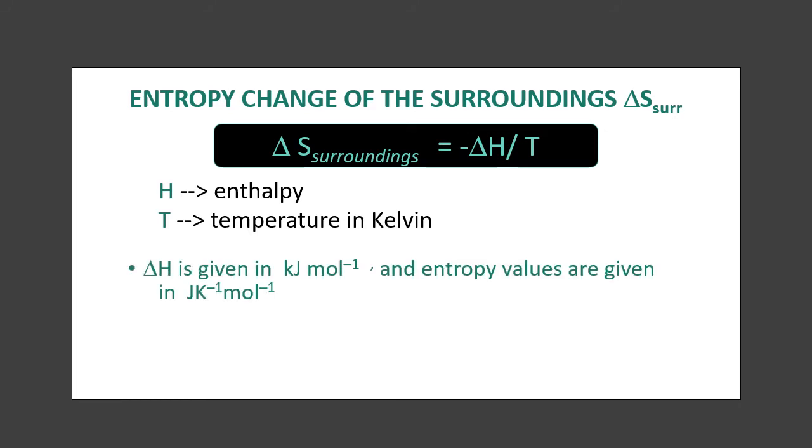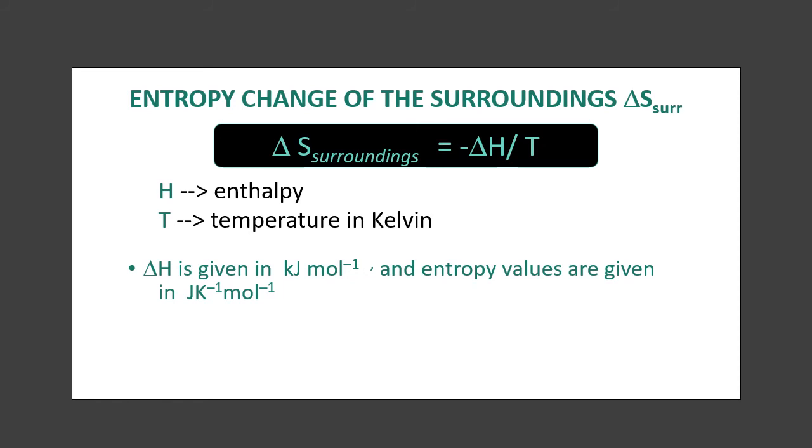Note that while entropy values are usually quoted in joules per Kelvin per mole, enthalpy changes are usually quoted in kilojoules per mole. So in any equation linking entropy and enthalpy, one of the energy terms will need a conversion of units. So what we will do here is convert the enthalpy value from kilojoules into joules.